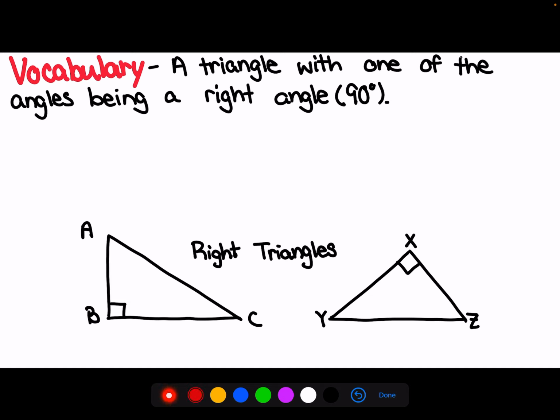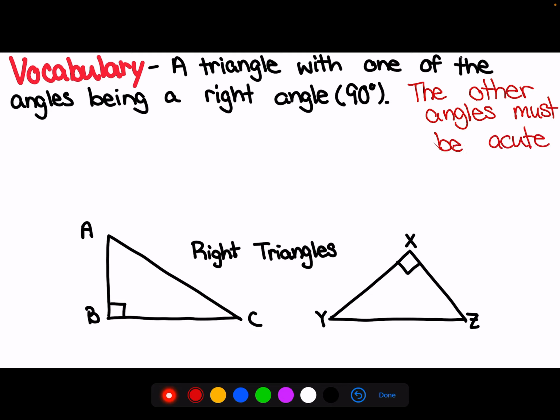Now, it's also important that we note the other angles must be acute. So these other angles here must be acute angles. If they're not acute angles, then this triangle will not be a right triangle.